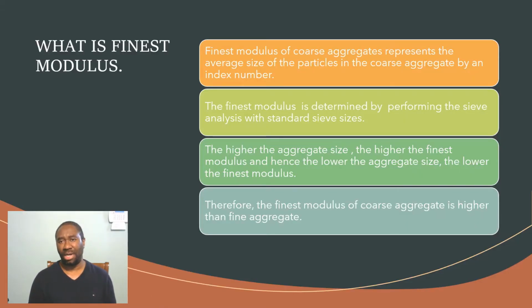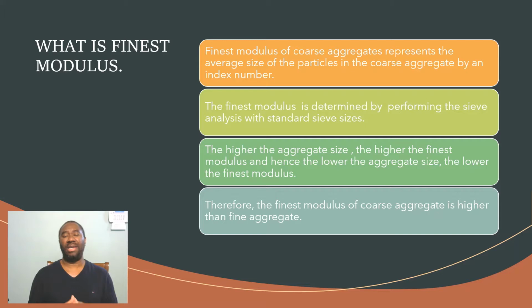Now, the fineness modulus of coarse aggregates represents the average size of the particles in the coarse aggregate by an index number. The fineness modulus is determined by performing the sieve analysis with standard sieve sizes. The higher the aggregate size, the higher the fineness modulus, and hence the lower the aggregate size, the lower the fineness modulus.